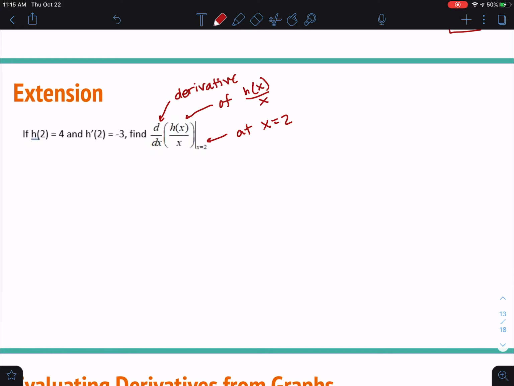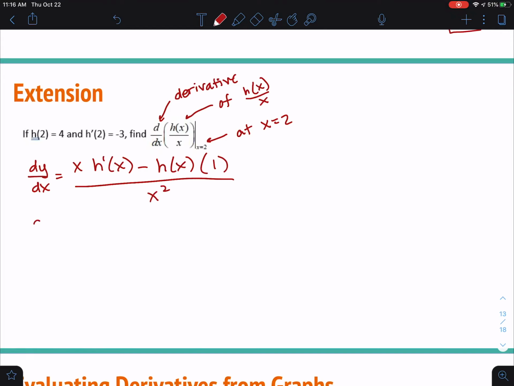So I want to make sure that I find this derivative first. So the derivative of h of x over x, I'm just going to call this dy dx, is going to be low d high minus high d low over low squared.